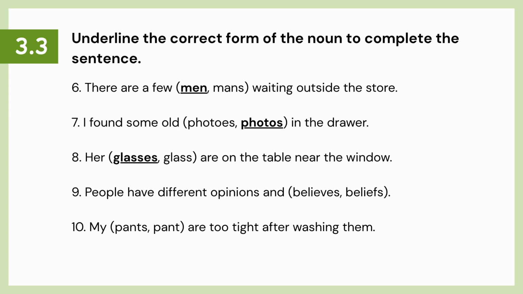Glasses is correct. 9. People have different opinions and beliefs or believes. We're talking about the plural noun for beliefs and not the verb form, which is believes. And lastly, number 10. My pants or pant are too tight after washing them. The correct answer is pants.